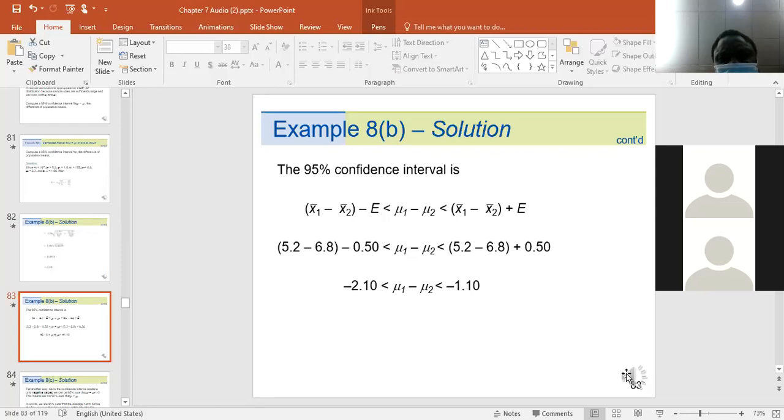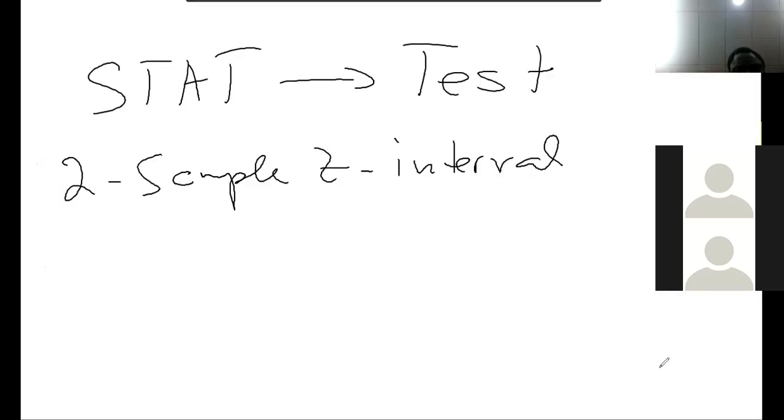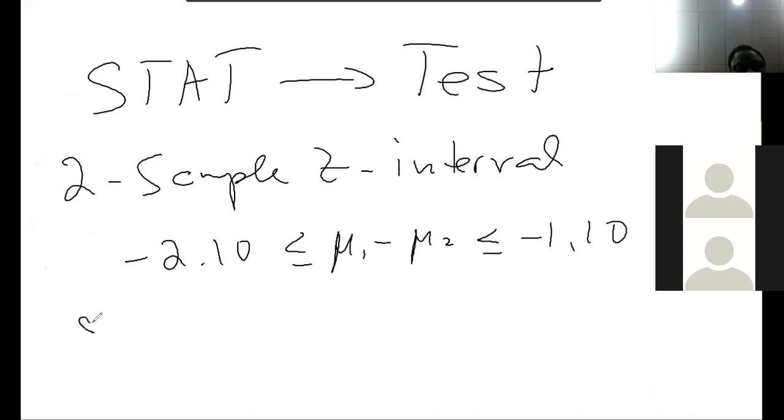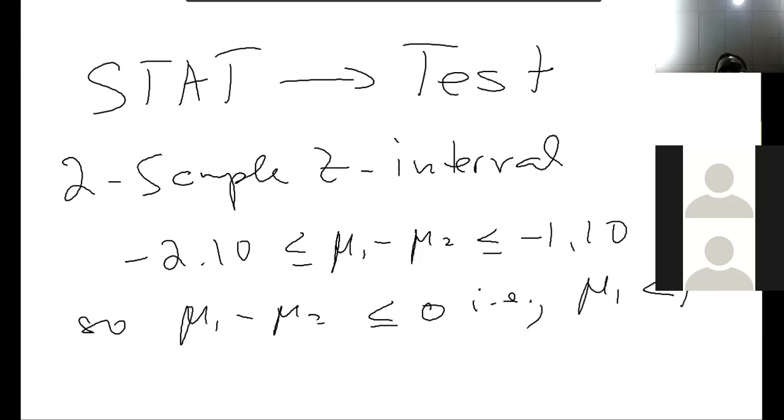Let me write it here. So we have negative 2.10 is less than mu1 minus mu2, which is less than negative 1.10. So mu1 minus mu2 is less than 0, right? That is, mu1 is less than mu2.